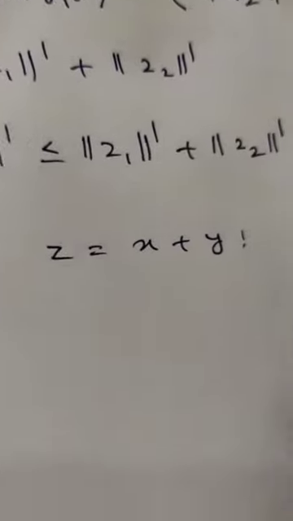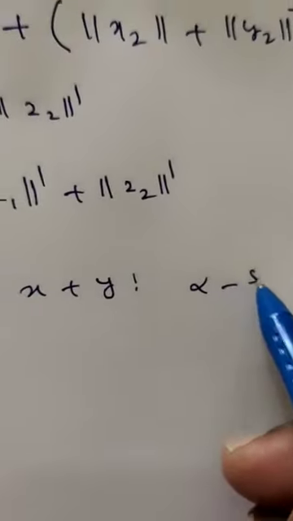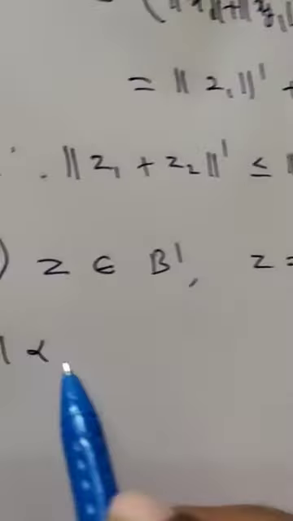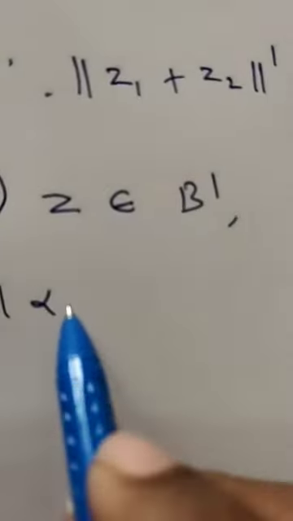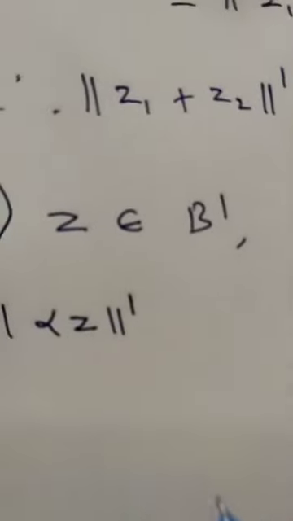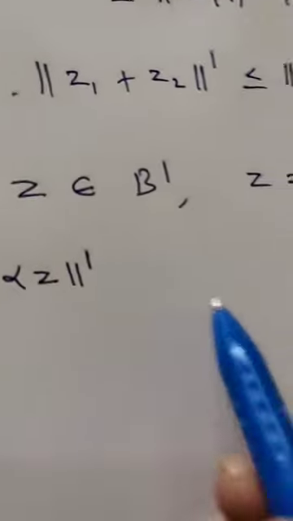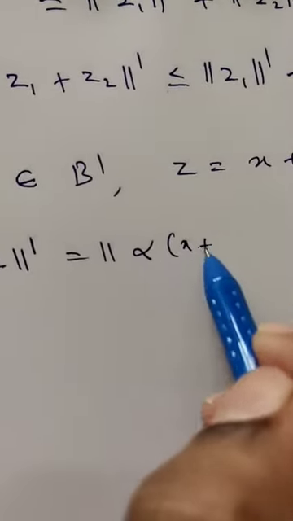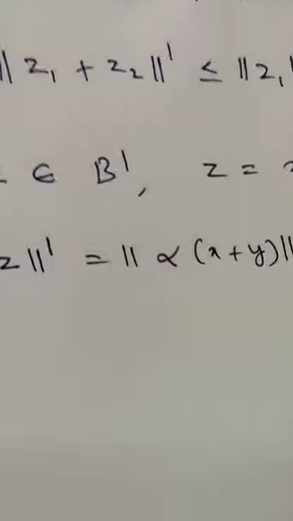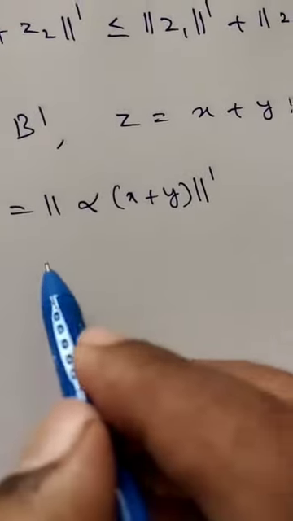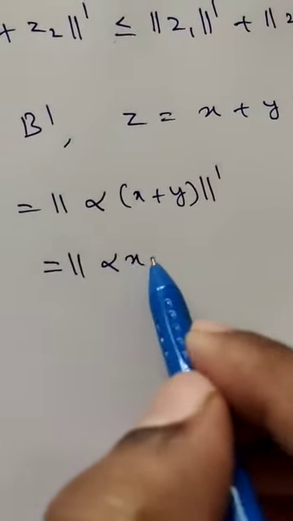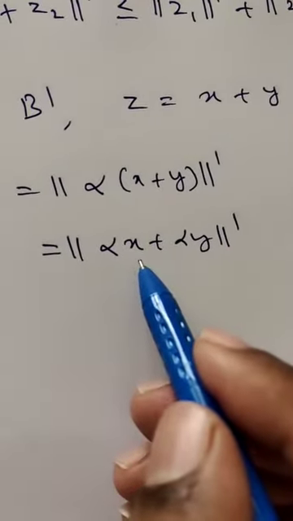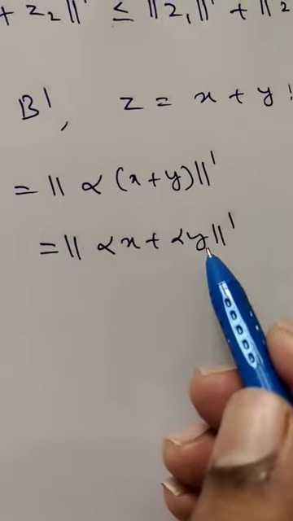Let alpha be a scalar. Then the norm of alpha into z, whole dash, is equal to the norm of alpha into x plus y. Okay. So you can use the linear property: alpha x plus alpha y. Now alpha x is an element of M, and alpha y is an element of N.